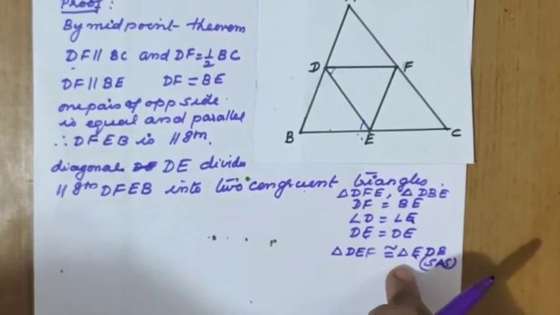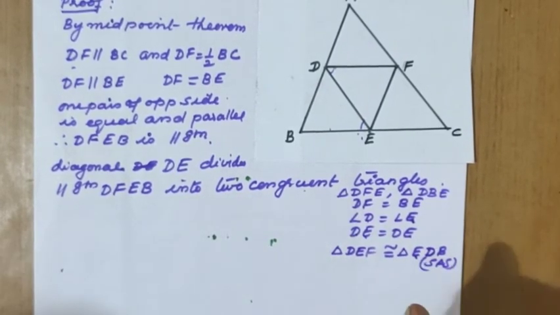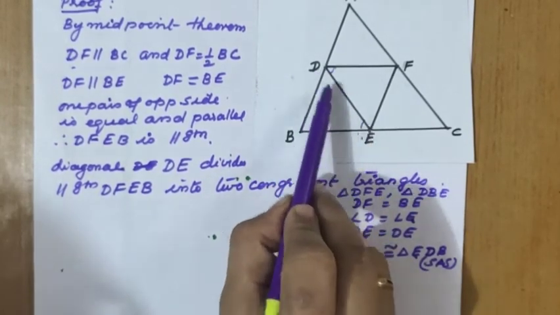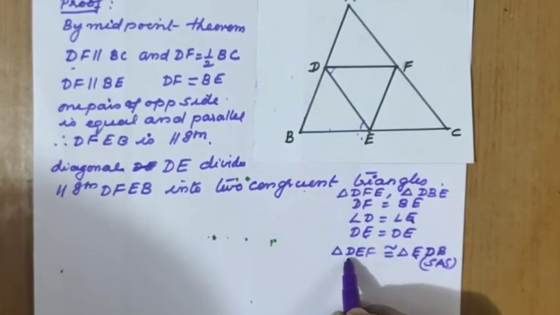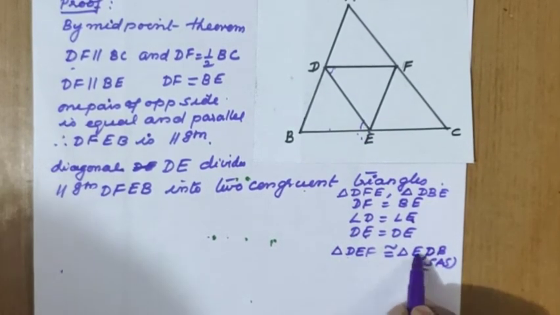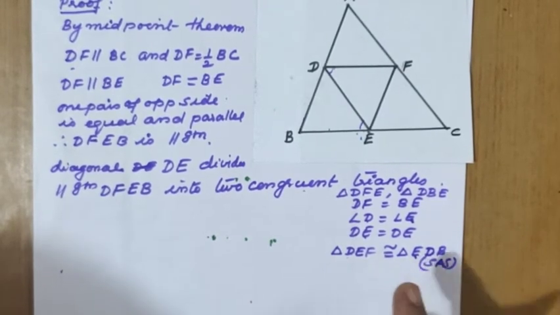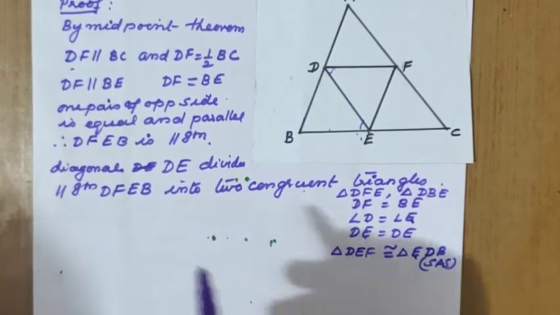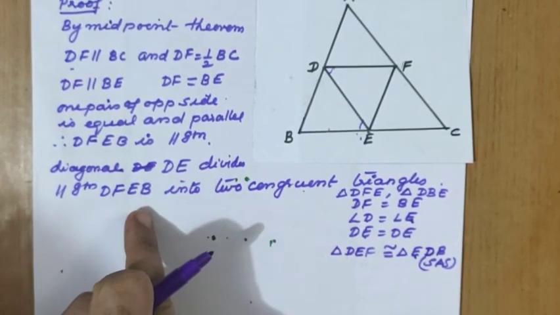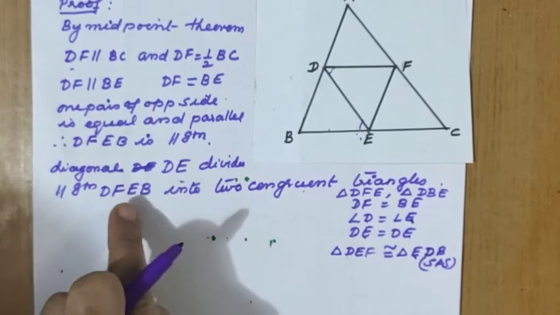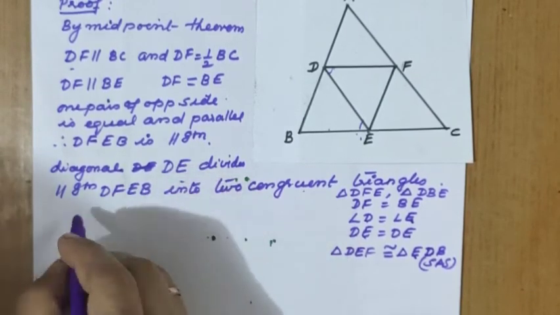Why I am doing this proof means I'll show the order how we can write here. Now you tell me which is the diagonal we have considered here? DE only. So when you are taking the diagonal DE, it will be in the reverse order here. So the diagonal you can write in an alternate way. So I can write here as a theorem. It's a theorem statement only. Diagonal divides the parallelogram into two congruent triangles.